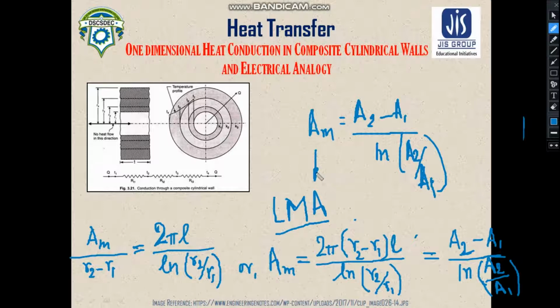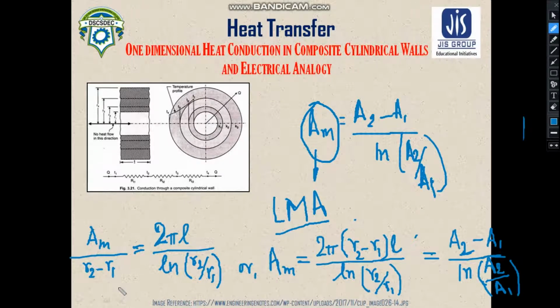So when we equate the two heat transfer equations, one where I have expressed the formula in terms of a plane wall, and the second where the general formula of cylindrical surfaces has been written, we can see this concept of logarithmic mean area being generated.